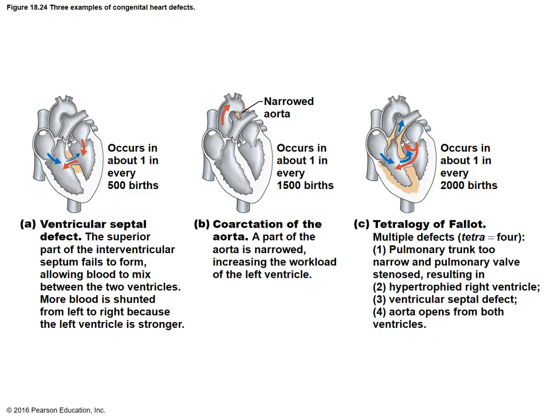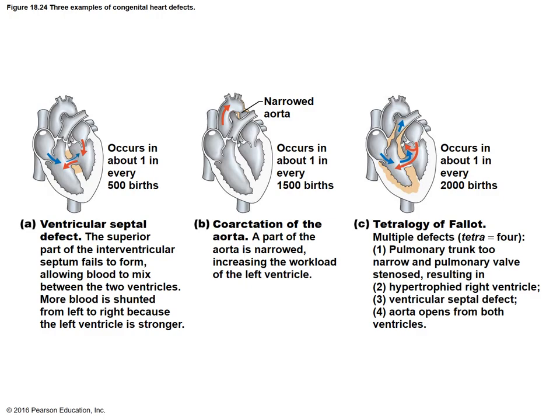Once again, oxygenated versus deoxygenated blood. The B is showing a narrowing of the artery, and so that's causing increased work for the left ventricle because it's got to push all that blood volume, but there's a narrowed passageway there.